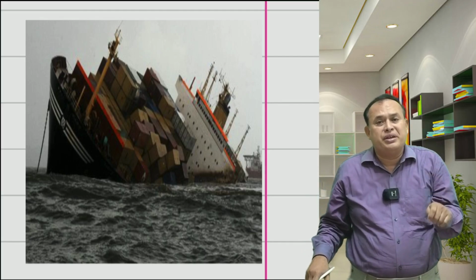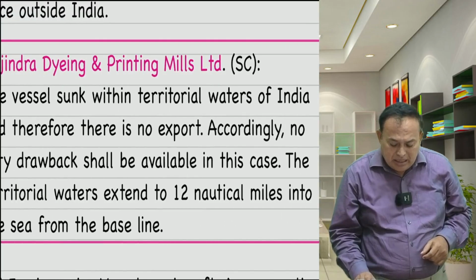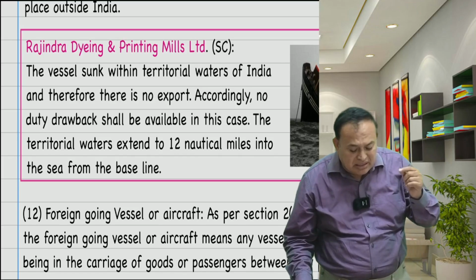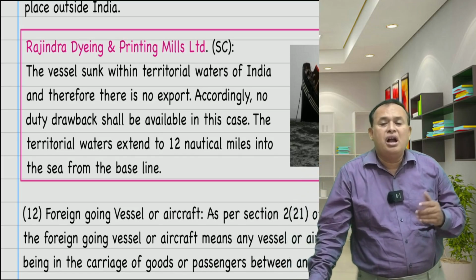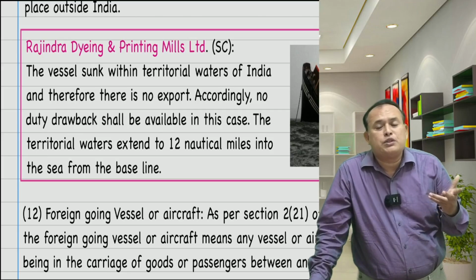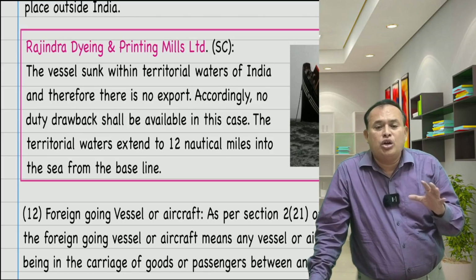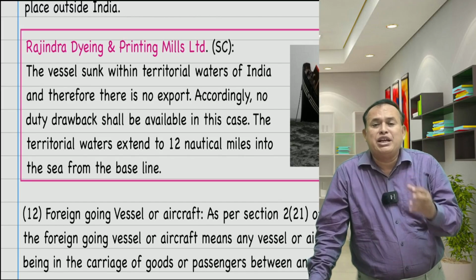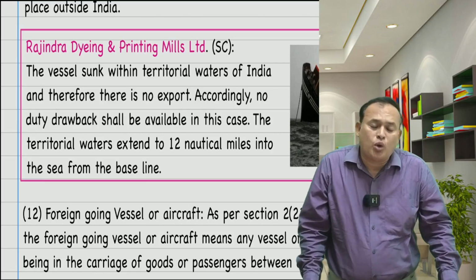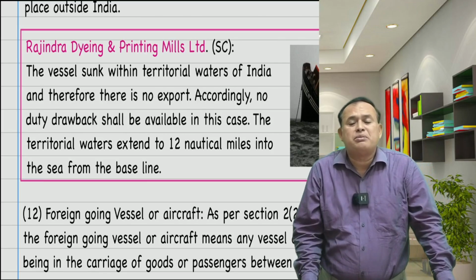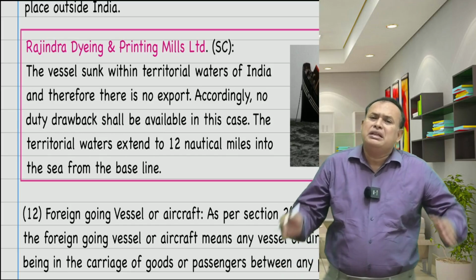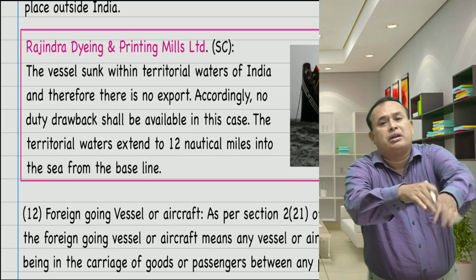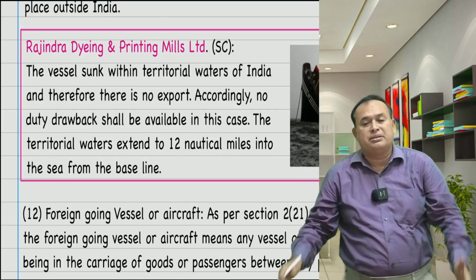Therefore, the Supreme Court of India said, in the case of Rajendra Dyeing and Printing Mills, the vessel sunk within the territorial waters of India and therefore there is no export. Accordingly, no duty drawback shall be available in this case. The territorial waters extend 12 nautical miles into the sea from the baseline. What about if the vessel crossed the 12th nautical mile from the baseline and sunk into the water? That is export. You can ask for duty drawback.